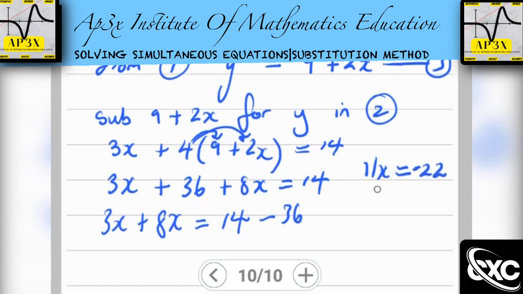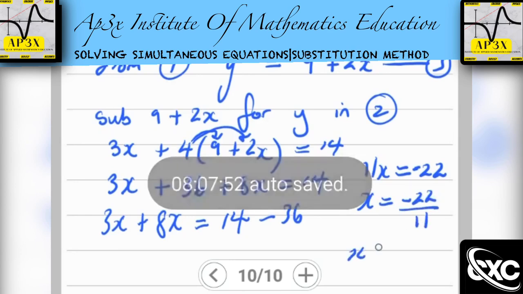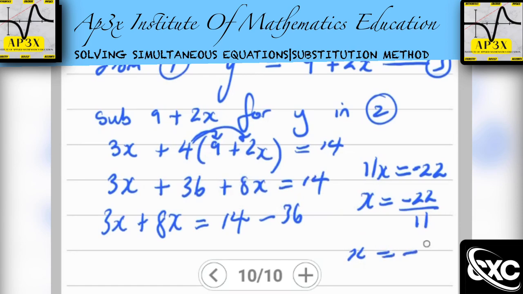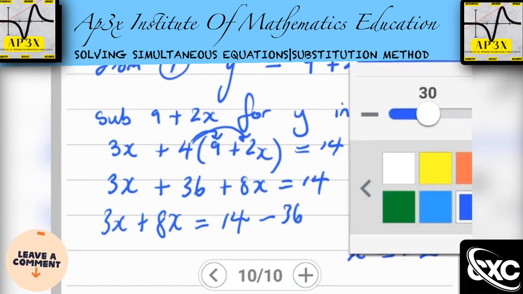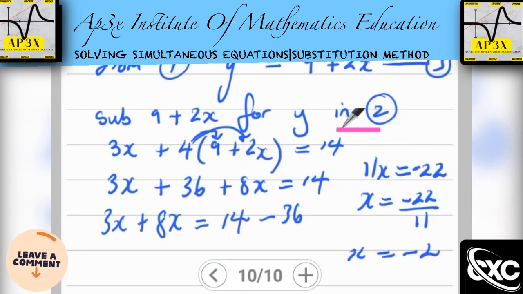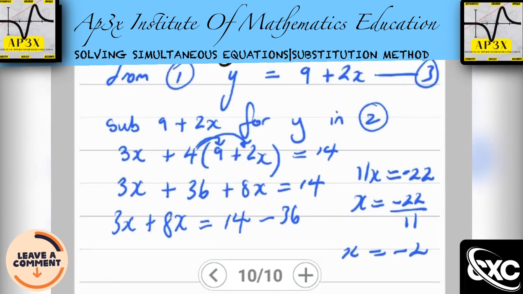If we divide both sides by 11, then x is equal to negative 22 divided by 11. So x is equal to negative 2. So therefore our final result for this question is that y, oh, we're not done. In fact, we only got the value of x, which is negative 2.